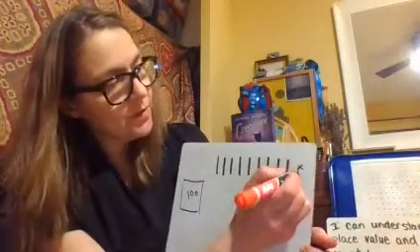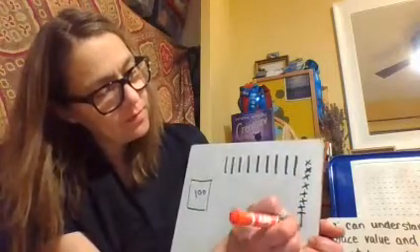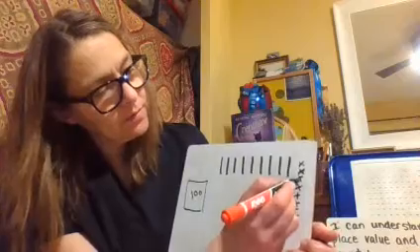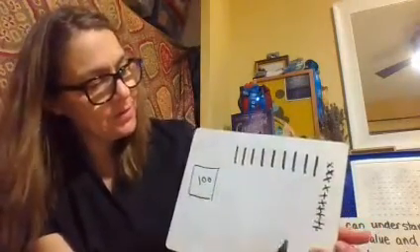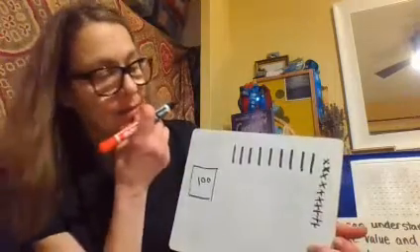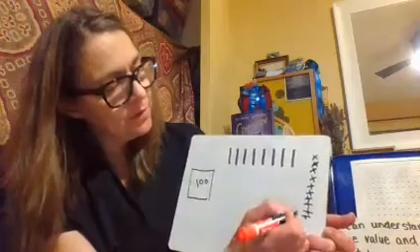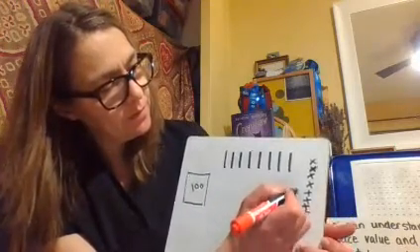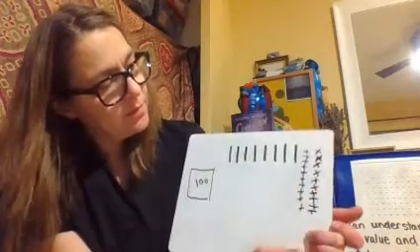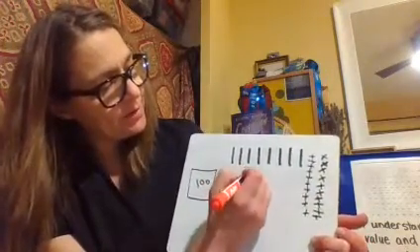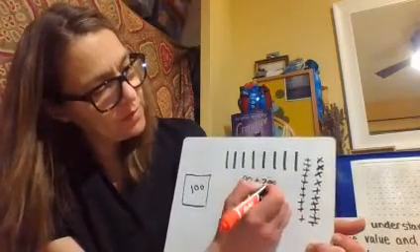Now I'm going to do another way. Okay, and now I have 9 tens and 10 ones. And I can keep going. And now I have 8 tens and 20 ones.